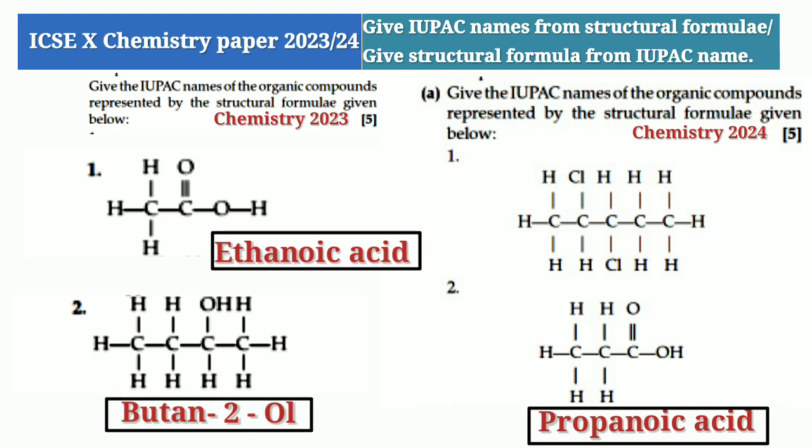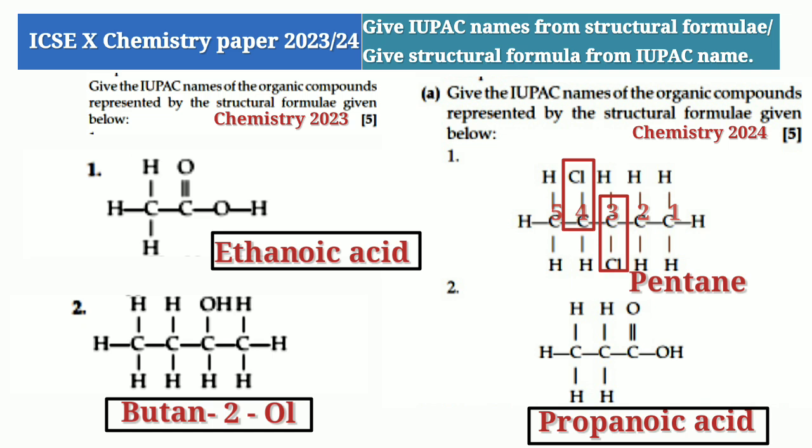Let us now write IUPAC name of next compound. It has 5 carbon atoms, so it is pentane, but it has 2 chlorine atoms present on 2 carbon atoms. To give exact position of chlorine atoms, we have to start numbering carbon atoms. If we start numbering from right to left, chlorine atoms are getting number 3 and 4.